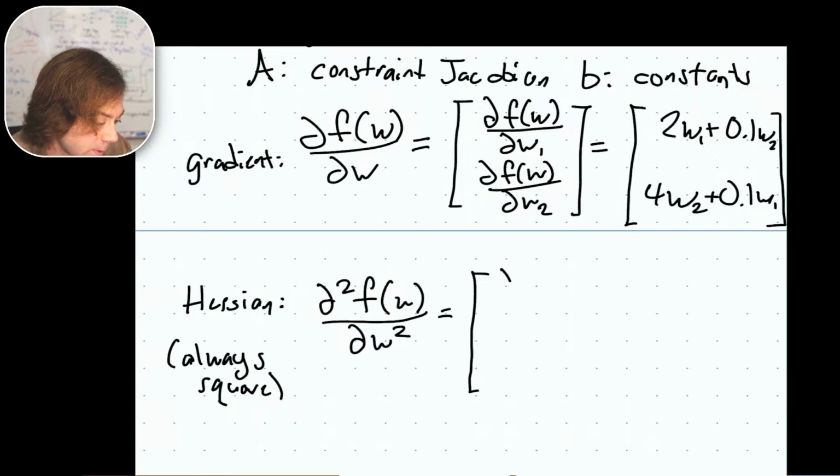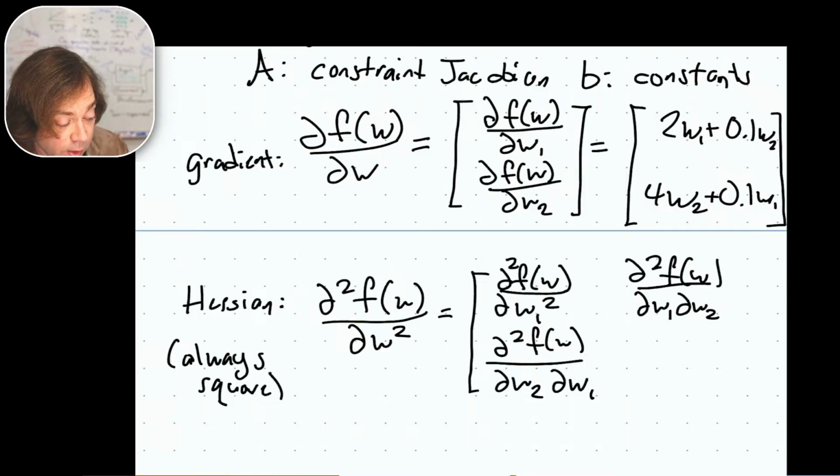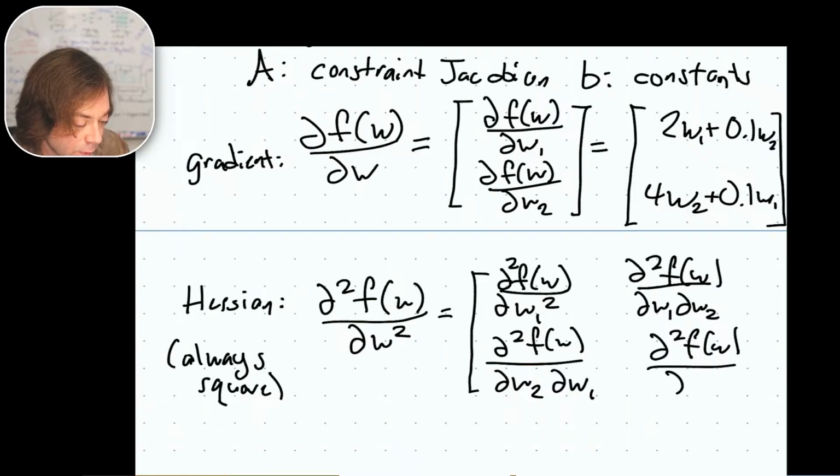Right? So it's going to be partial squared f of w, partial w1 squared. Then here's going to be partial squared f of w, partial w1, partial w2. This is going to be partial squared f of w, partial w2, partial w1. And here you're going to have your second derivative of f with respect to w2 squared.